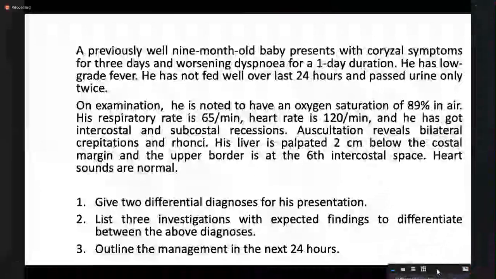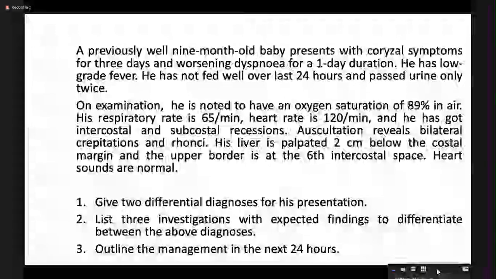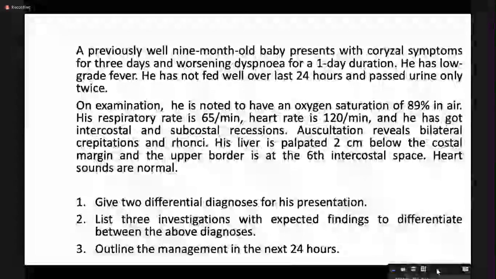Madam, can I read it now? Of course. A previously well 9-month-old baby presents with coryzal symptoms for 3 days and worsening dyspnea for 1 day duration. He has low-grade fever. He has not fed well over the last 24 hours and passed urine only twice. On examination, he is noted to have oxygen saturation of 89% in air. His respiratory rate is 65 per minute.